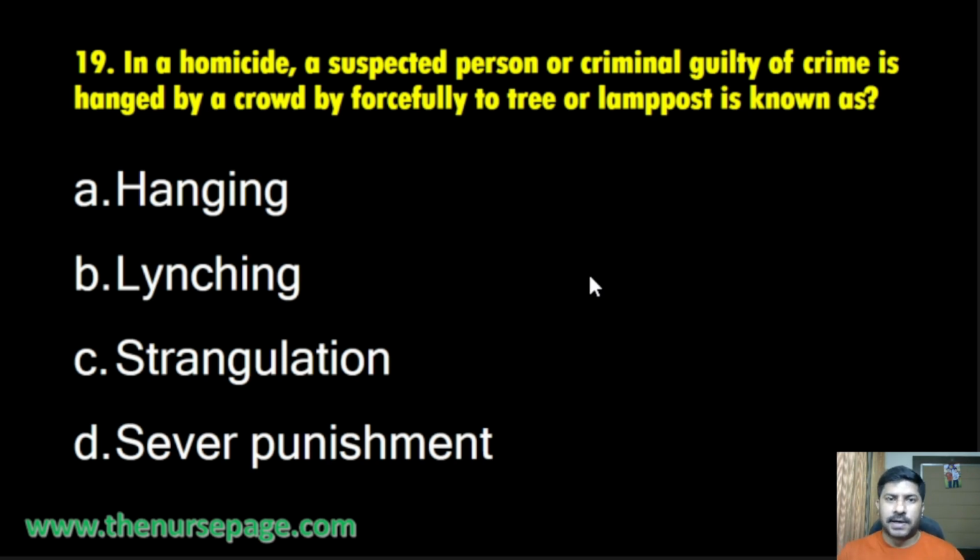So we can see in newspapers that a mob or a crowd will punish the guilty persons by hanging. So this kind of hanging is known as lynching. Here the correct answer is option B, that is lynching.